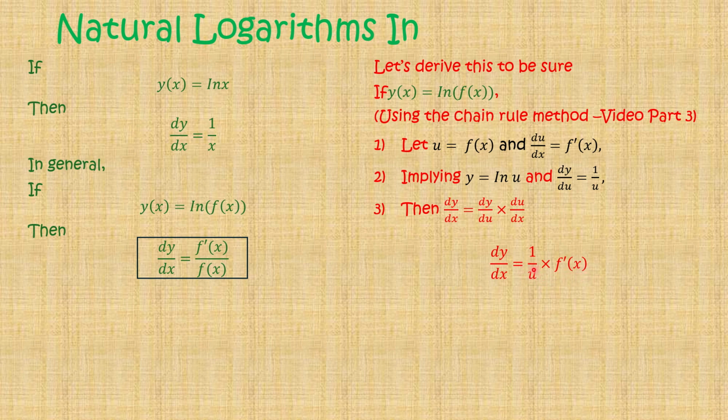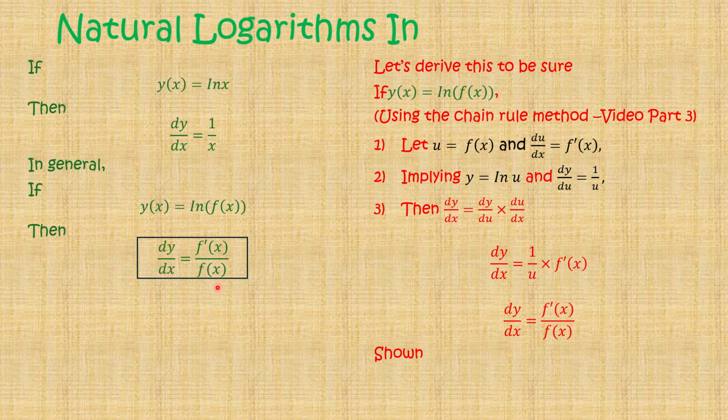And of course, from step number 1, we know that u is equal to f of x. Substituting back, we are going to get dy dx being f prime of x over f of x, and that is shown. So that is what we'll be using throughout the examples.